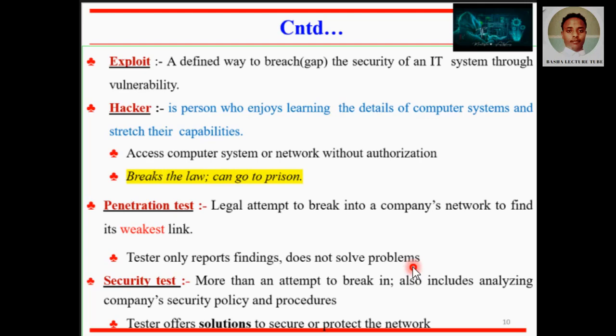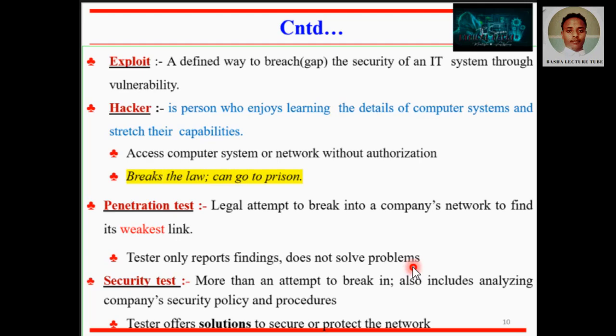And the other terminology is hacker. A hacker is a person who enjoys learning the details of computer systems and stretching their capabilities. The person who does hacking is known as a hacker. They may access computer systems without authorization, without getting legal authorization from the company, so we call those persons hackers.